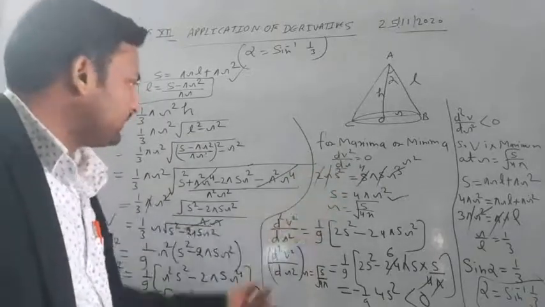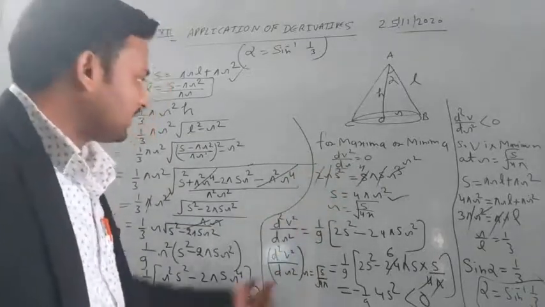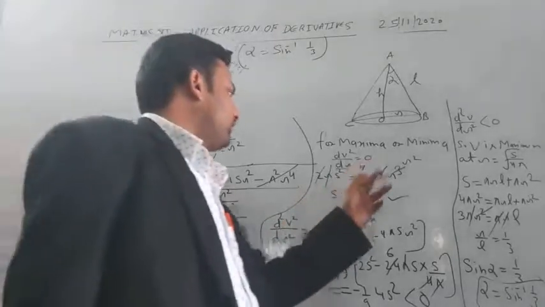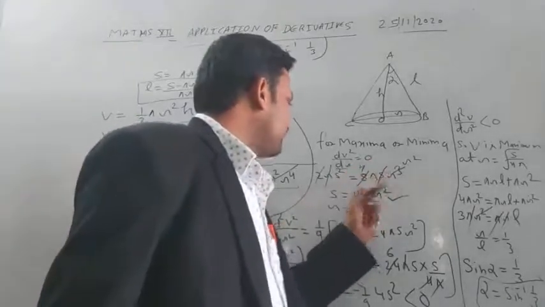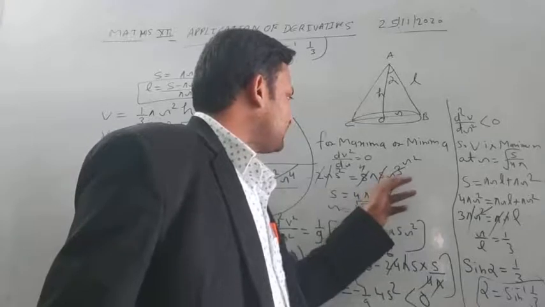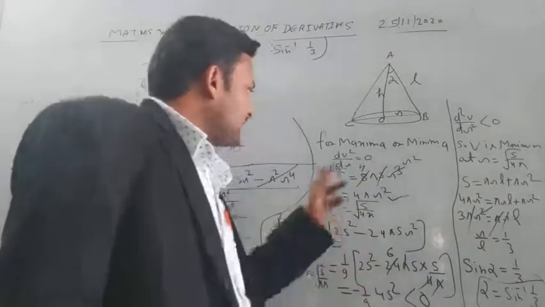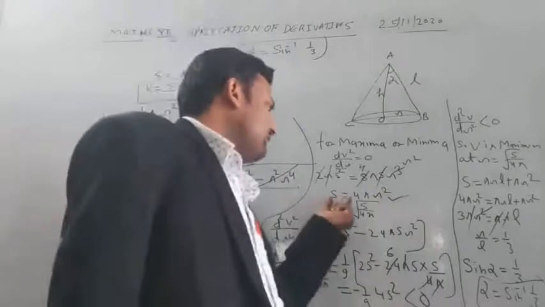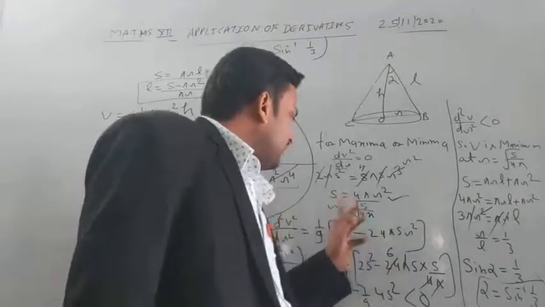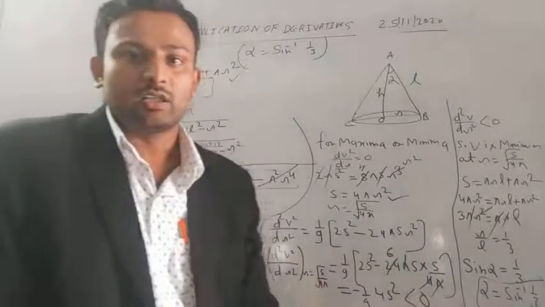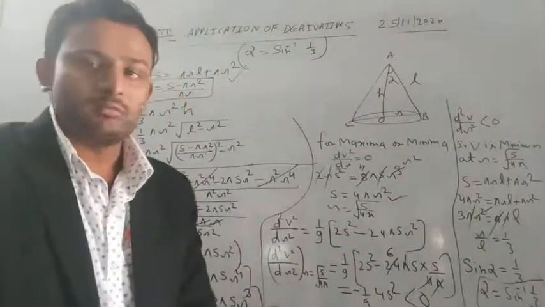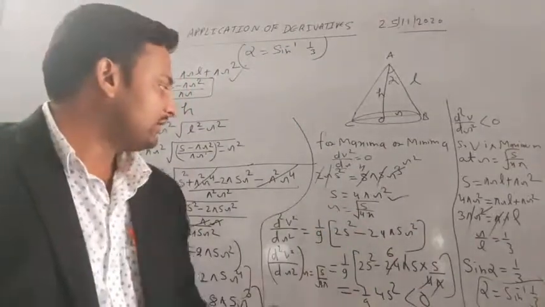So this term will be equal to 0. Now 2, 4, pi and pi cancel. Sorry, pi will not be cancelled. r will be cancelled, and S will be cancelled. So S will be 4 pi r square, and r will be under root S by 4 pi. This will be our required value.